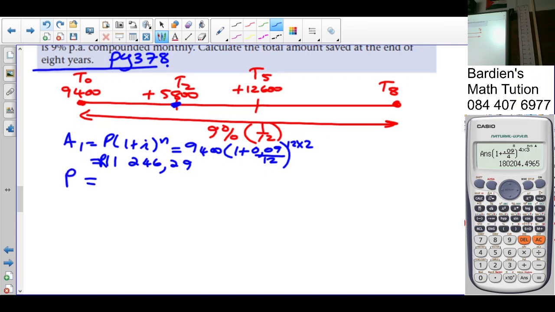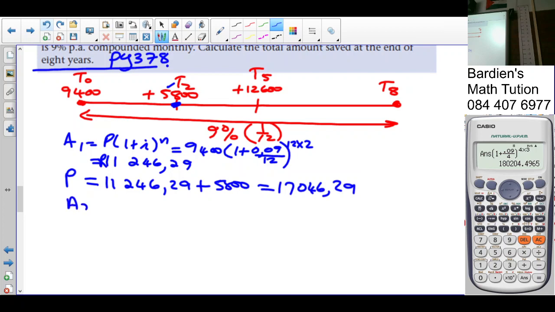The P value changes, not so? So it's 11,246 Rand and 29 cents plus 5,800 gives us 17,046. Okay, so that's the amount lying here now, inclusive of that amount.